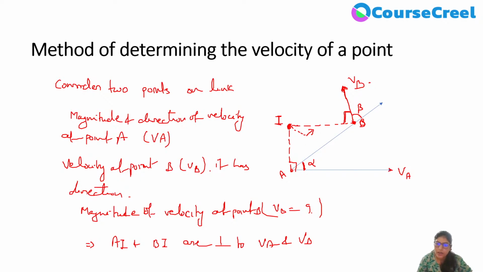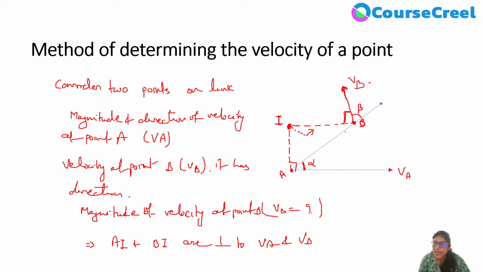Now here you can see the points A and B both are on the same link. A will have relative motion with respect to another link or another point, but that should not be on the same link. And B can have relative motion with respect to another link or another point, but it should not be on the same link. With respect to a point on the same link, these 2 points will not have any relative motion.